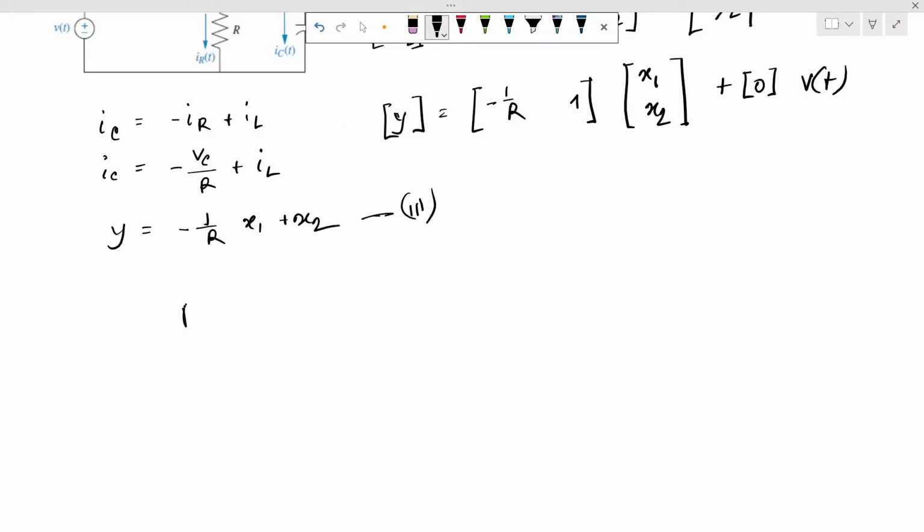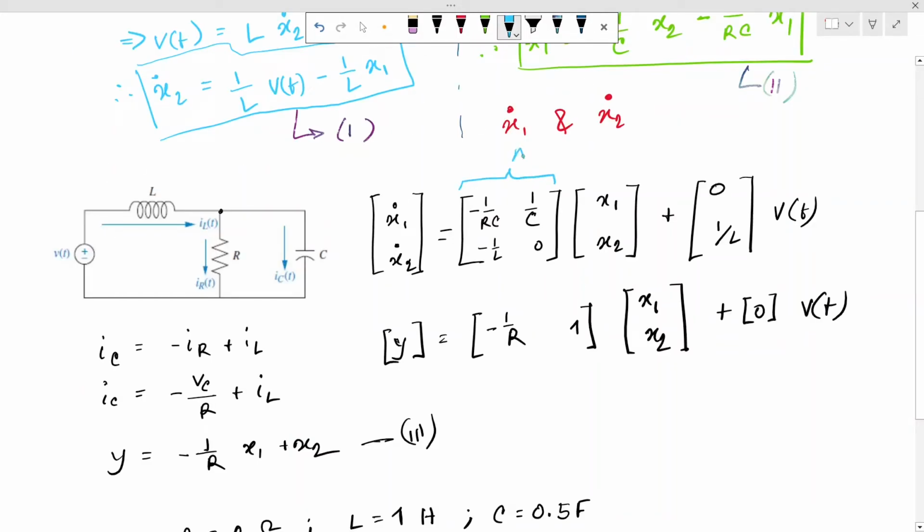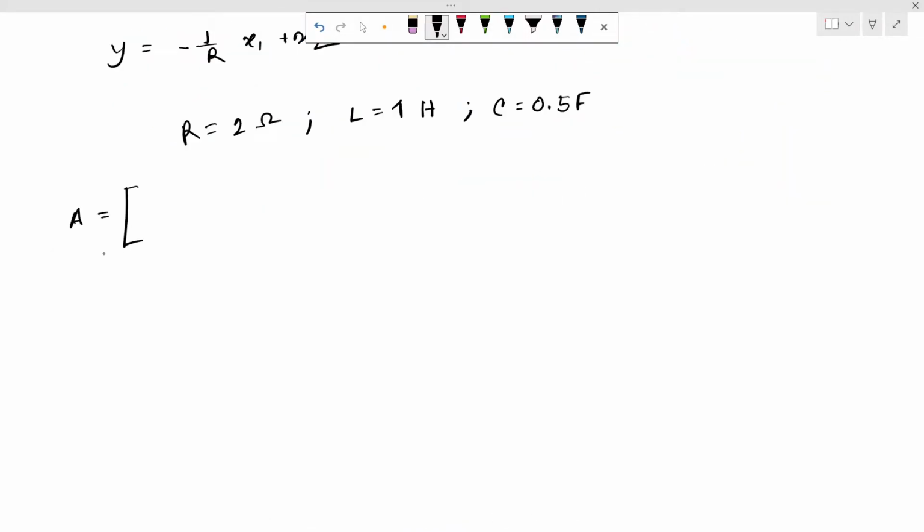If I consider R is equal to 2 ohms, L is equal to 1 Henry, C is equal to 0.5 Farad, then what will I obtain? Here A is the state matrix. Here this is A, this is B, this is C, and this is D. Now A will be minus 1, 2, minus 1, 0.